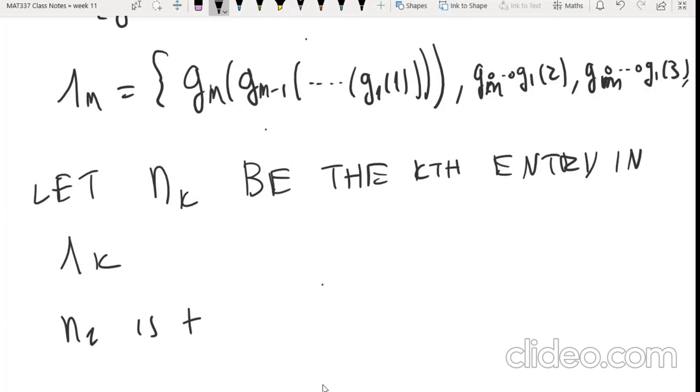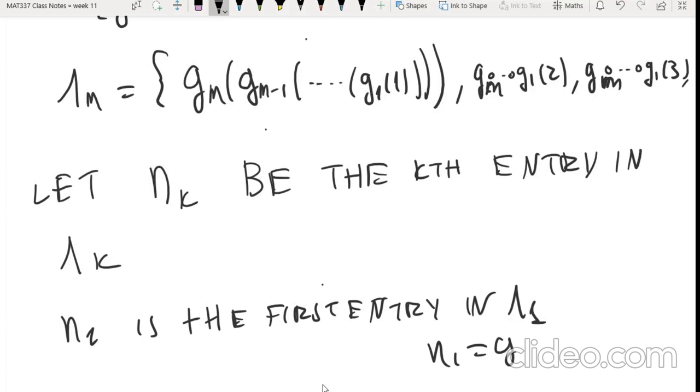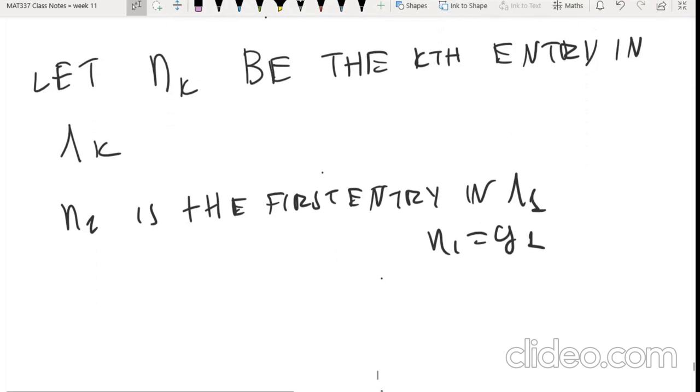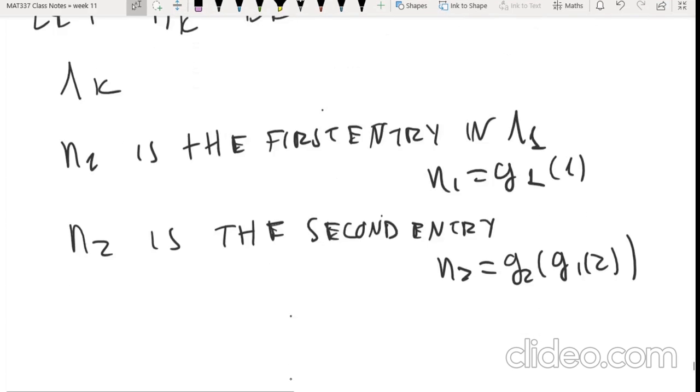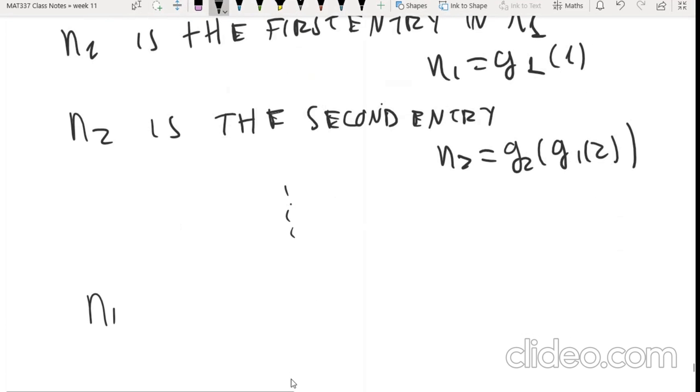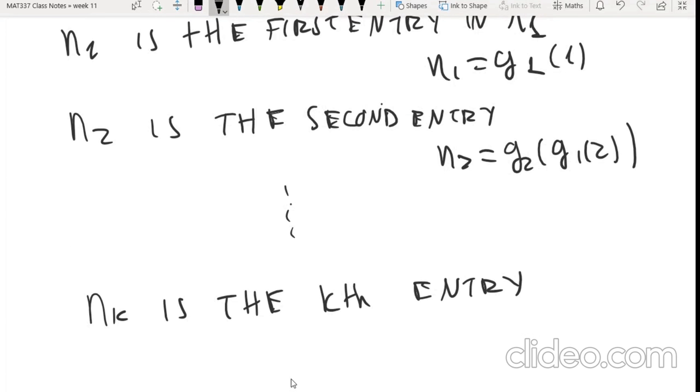So n_1 is the first entry in lambda 1, so n_1 is equal to G1. n_2 is the second entry, so n_2 is equal to G2 composed with G1, evaluated at 2. And then n_k is the kth entry, so n_k is equal to G_k composed with G_1, and then you take k.